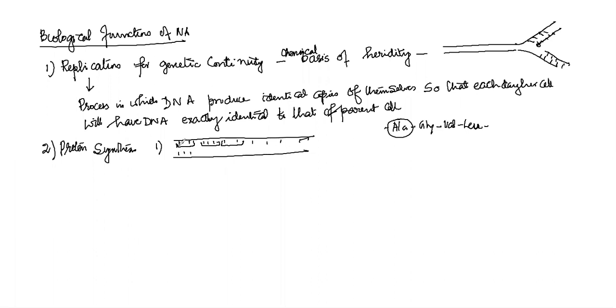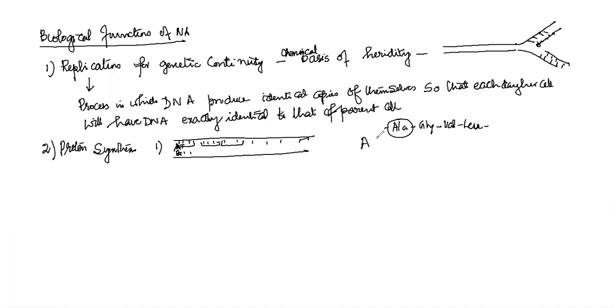So if it is A here, this is the A, adenine of the DNA strand. Correspondingly, it will bring a uracil and keep it here. If it is thymine here, what is the corresponding base?